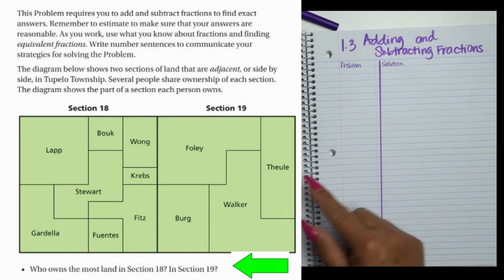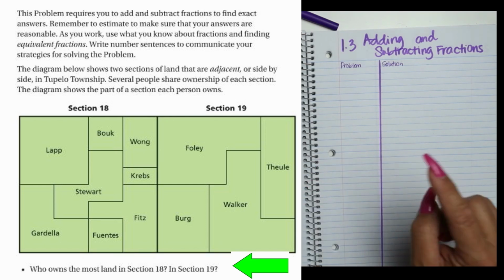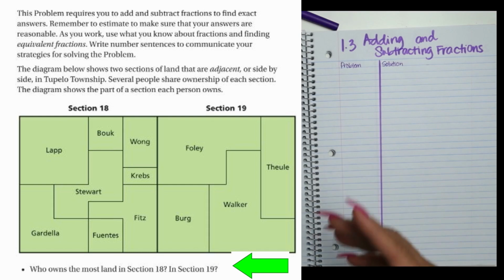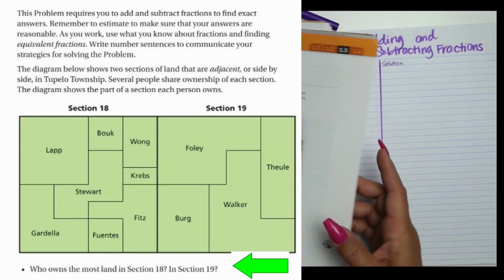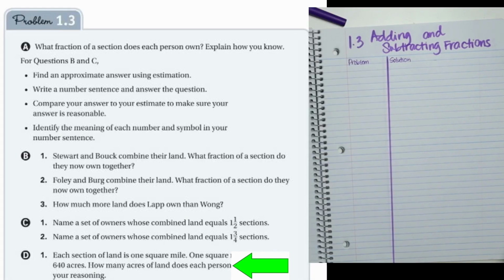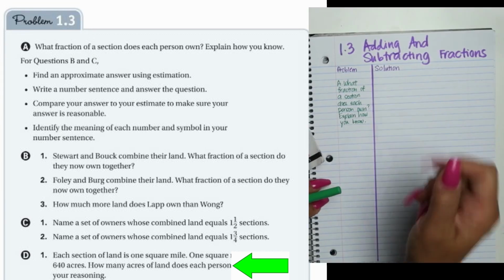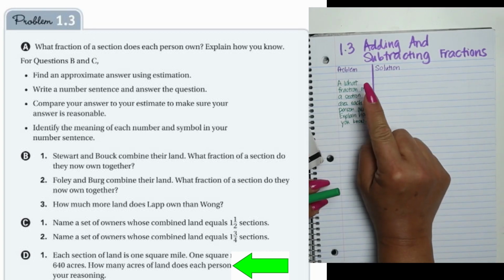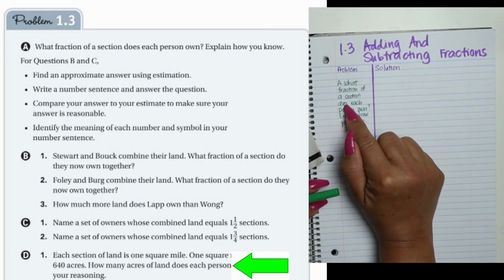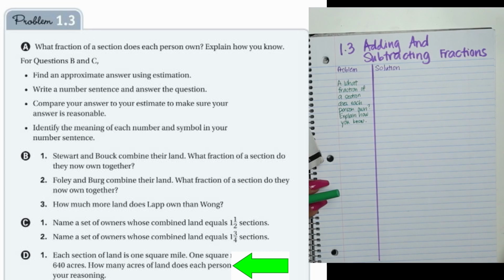So we're going to try to answer that question by manipulating the model and using what we already know about fractions. Question A. What fraction of a section does each person own? Explain how you know. Okay, here's our first problem. Problem A. What fraction of a section does each person own?